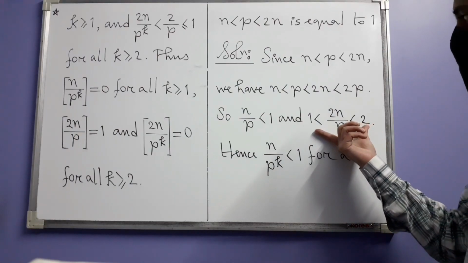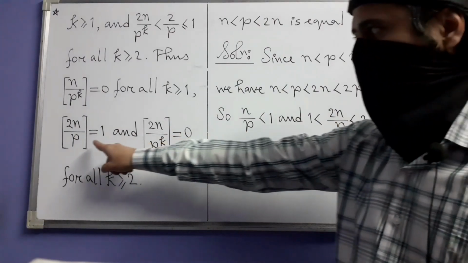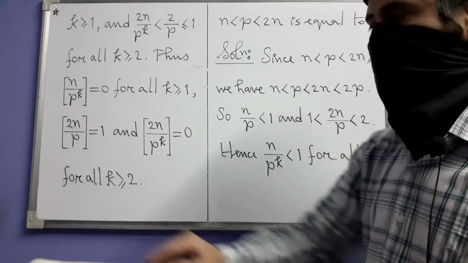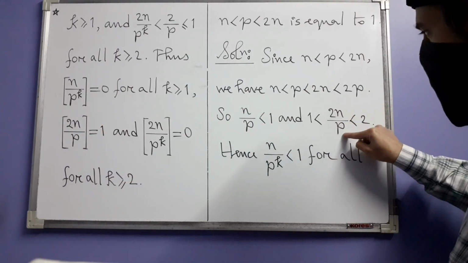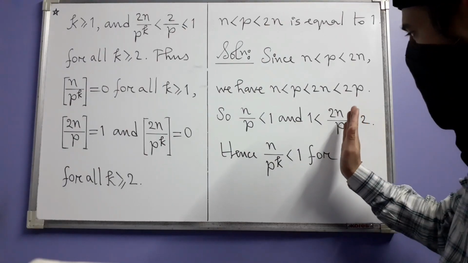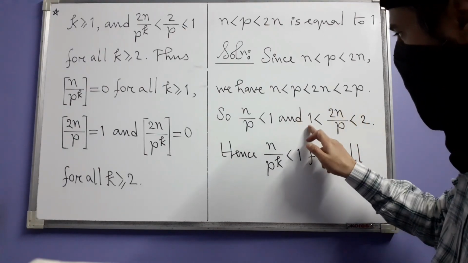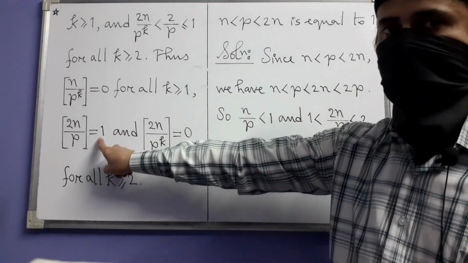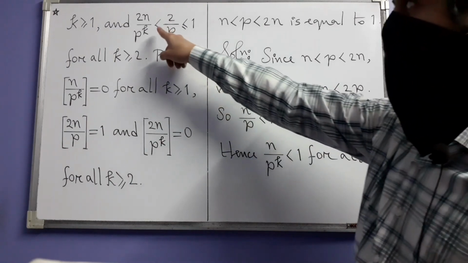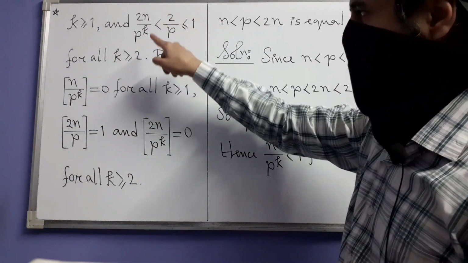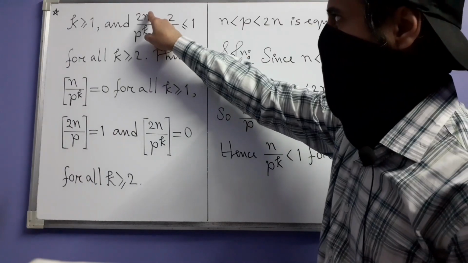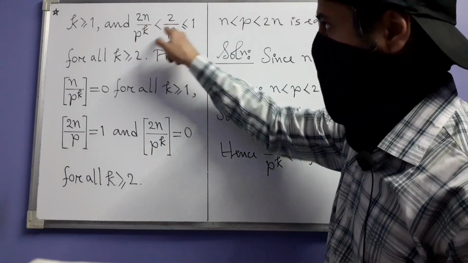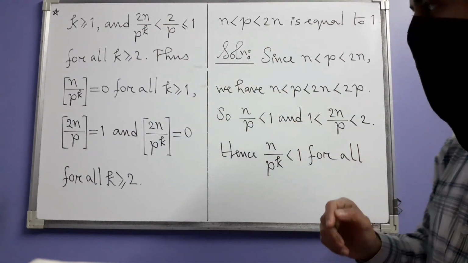From these inequalities, you get this, which is slightly different. The greatest integer value of 2n divided by p is the first integer to the left, which is 1. So that's why this is 1. However, from these inequalities, actually we just have to consider 1 here, which is 2n divided by p to the power k less than 1, that inequality.